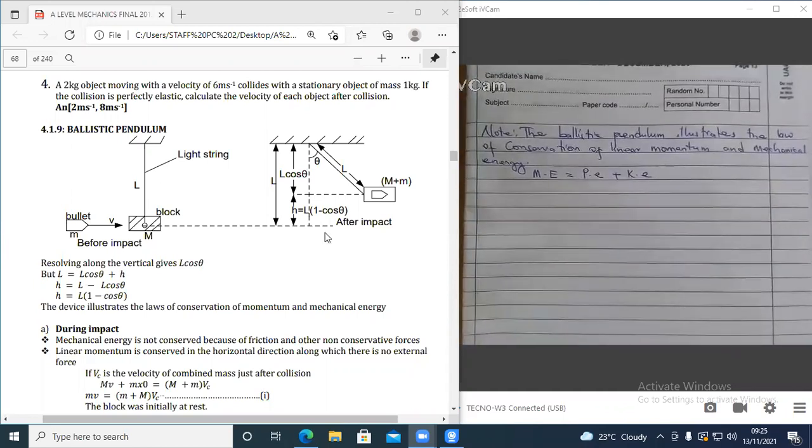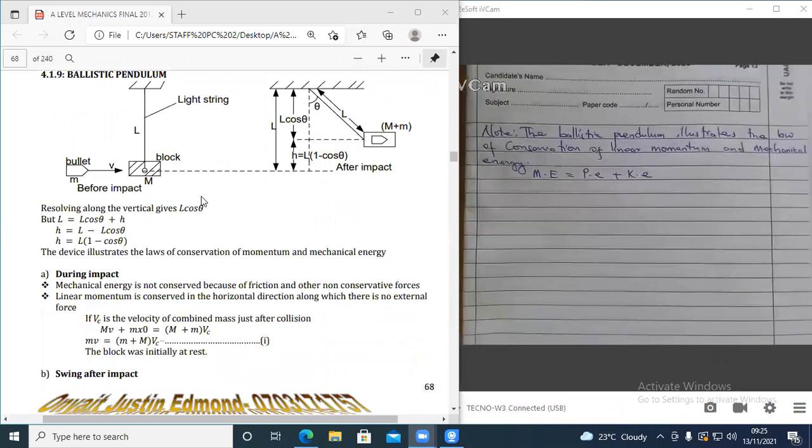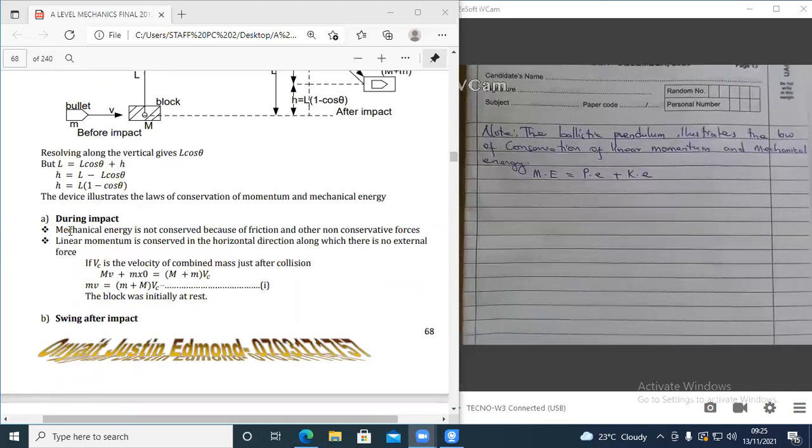So let's now look at what happens before impact, during impact, and after collision. Before impact is very clear.